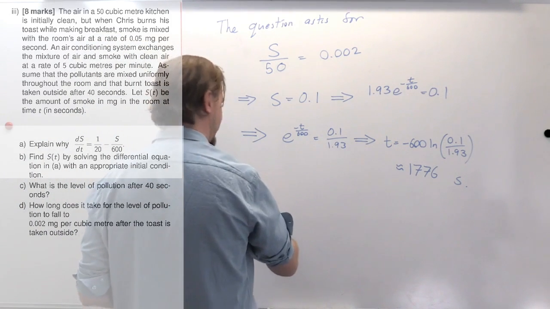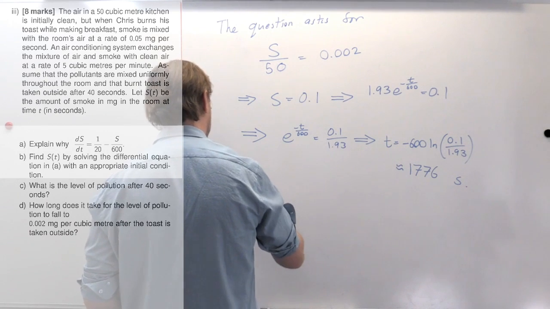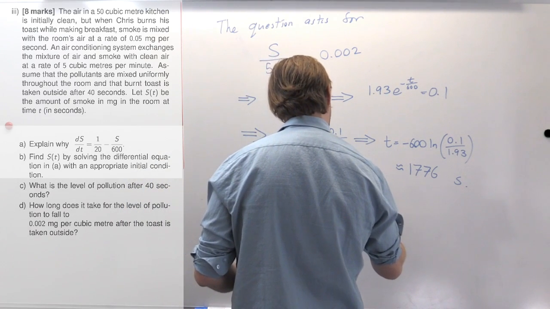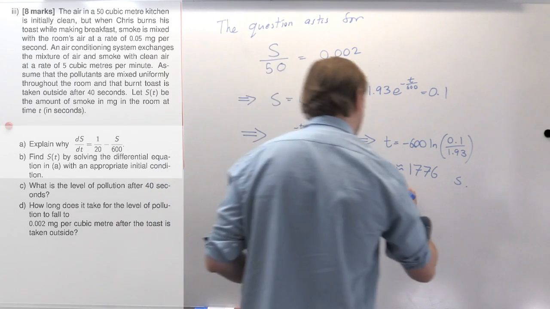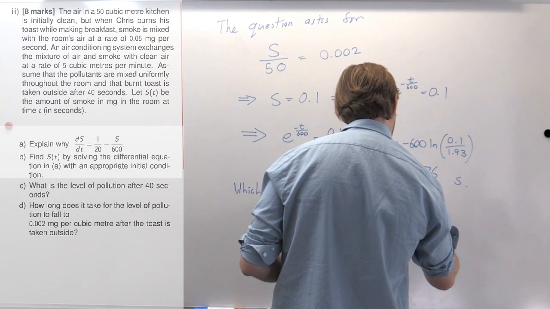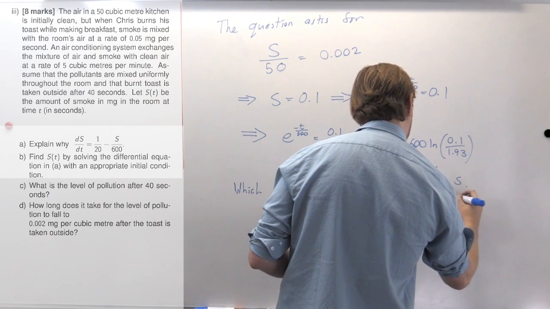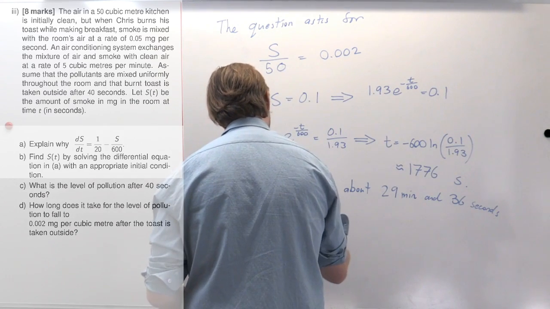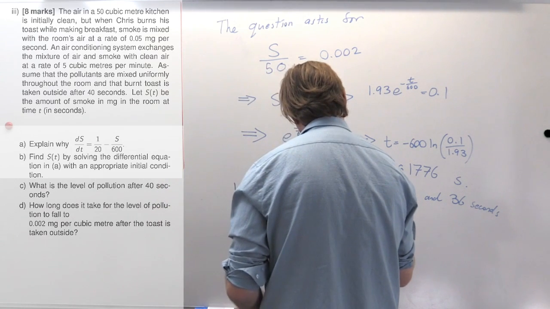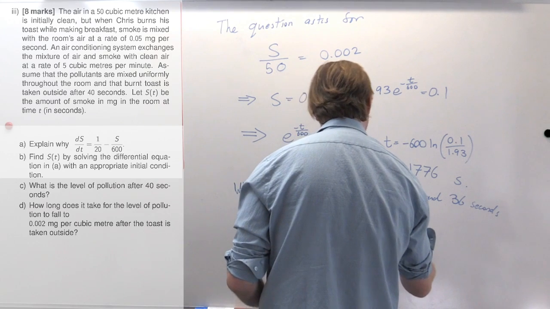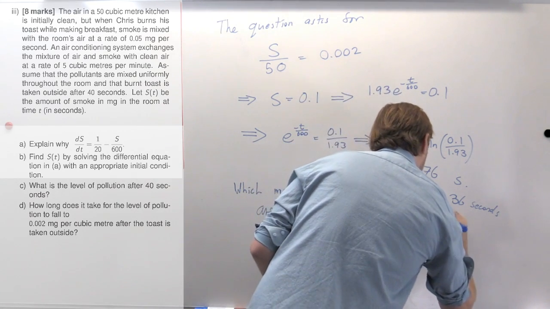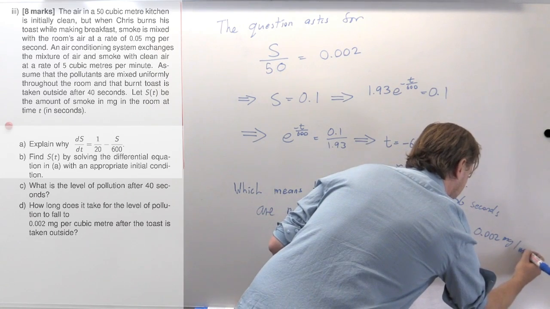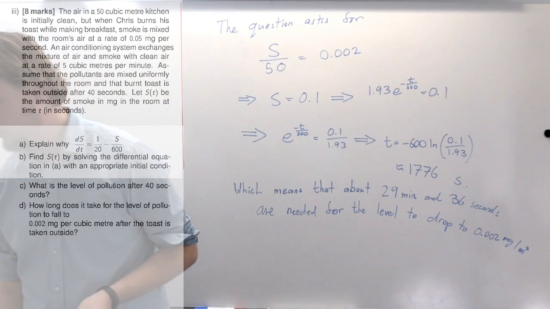So let's just say what it is, which means that about, well, if you work it out, it's 29 minutes and 36 seconds are needed for the level to drop to 0.002 milligrams per cubic meter, which is what the question asked us to do.